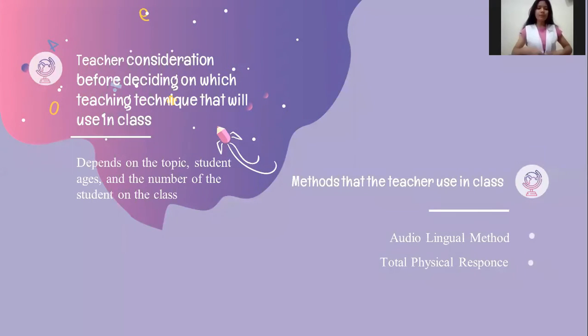That's why the methods that the teacher uses in the class are audiolingual, to support the goal itself to be able to communicate in English, and total physical response. Basically, why the teacher chose this kind of method is because, according to the teacher, young learners usually learn from what they have done, what they have seen, and what they have heard.